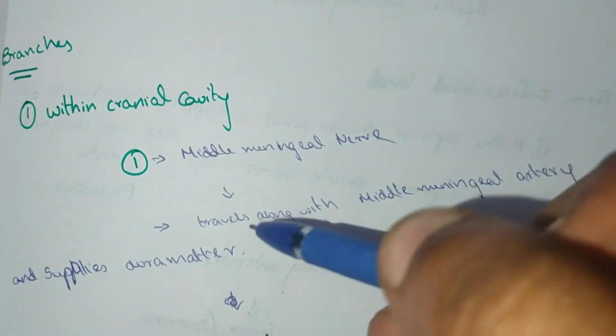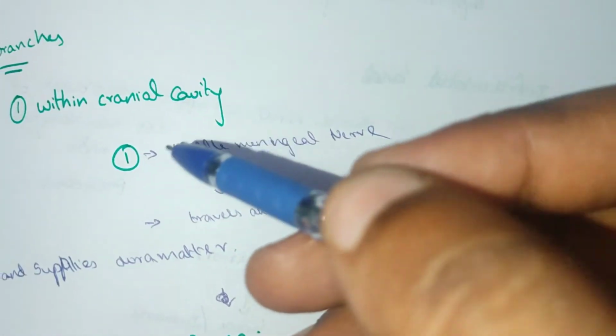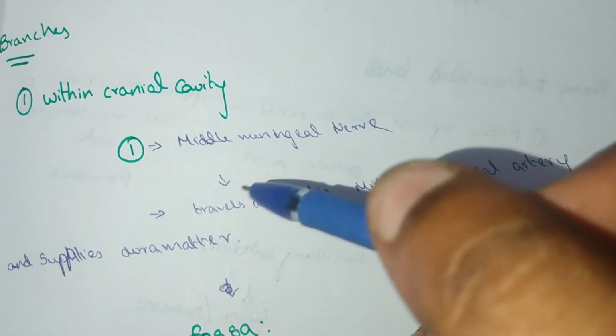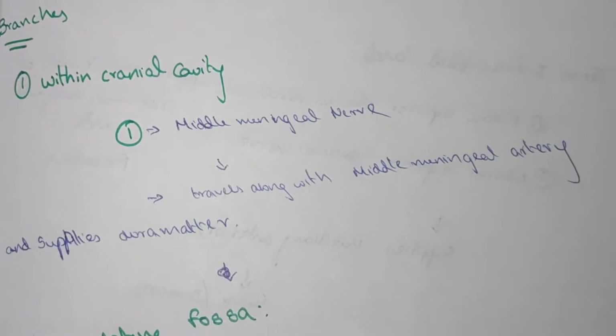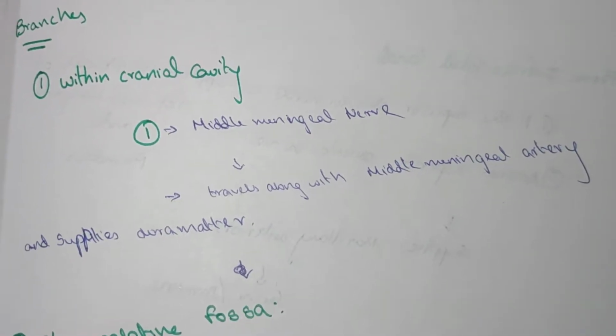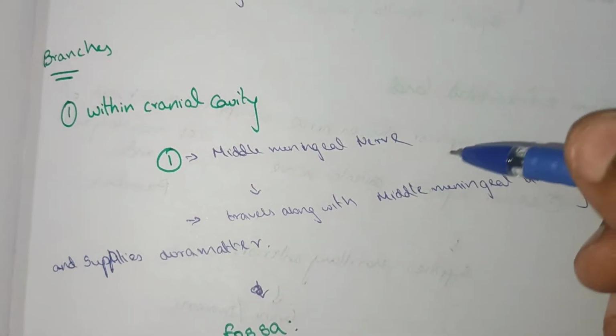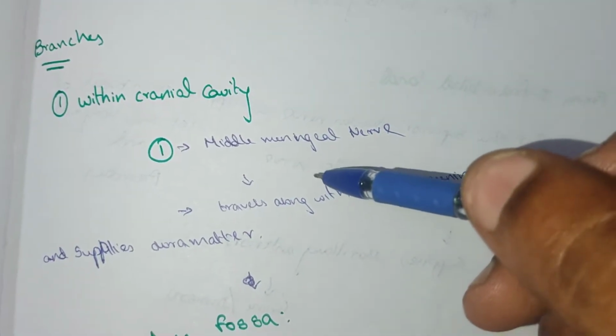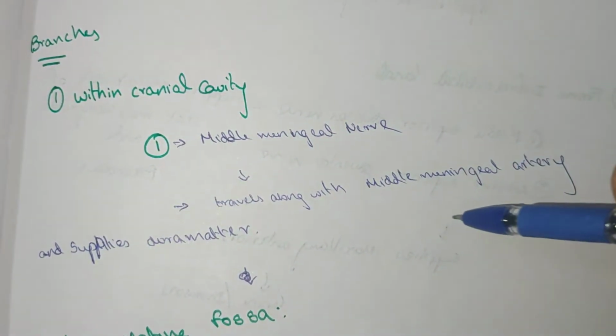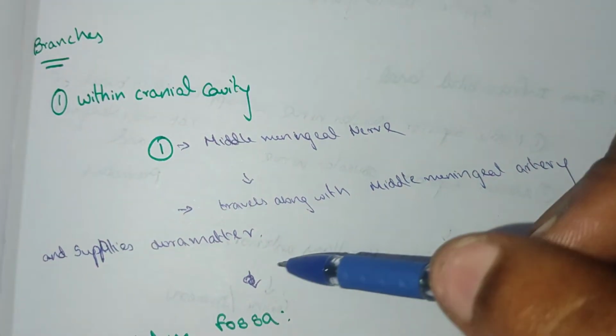The branches of the maxillary nerve within the cranial cavity: there is a branch known as the middle meningeal nerve. It travels along the middle meningeal artery and supplies the dura mater.